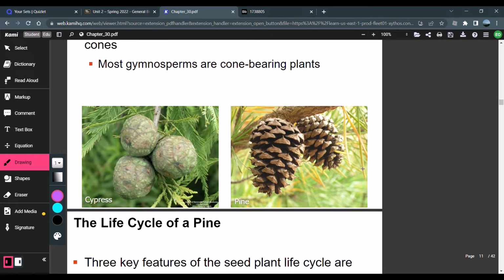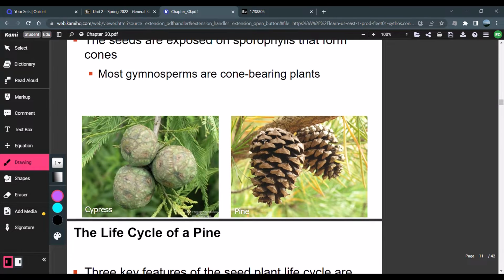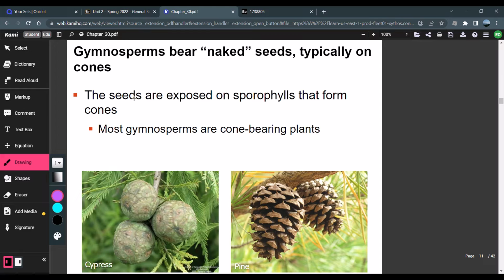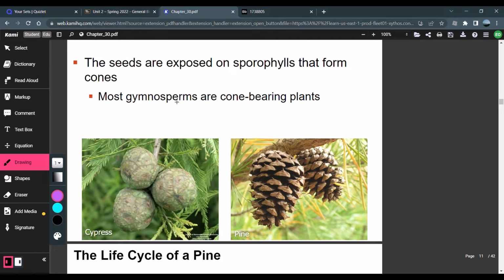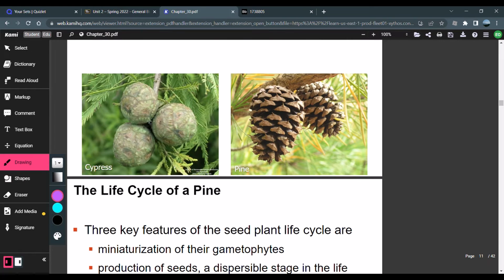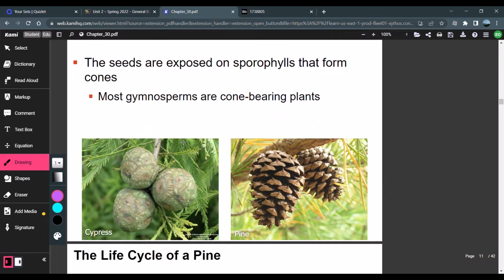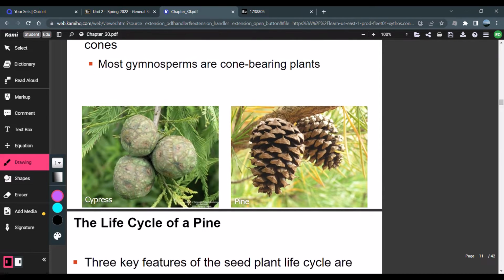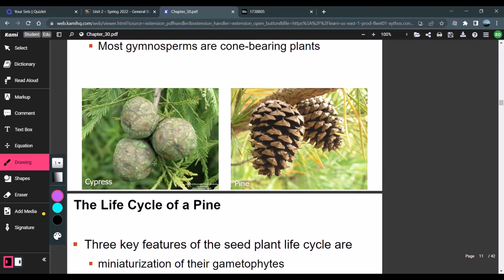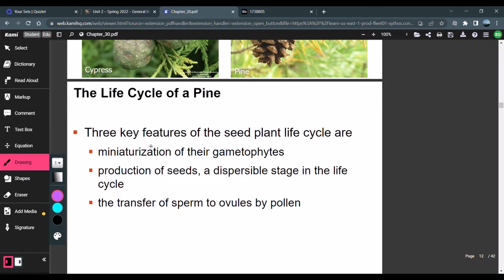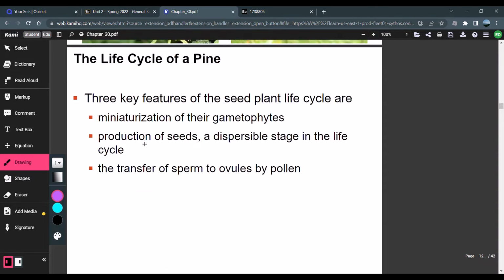So pine trees have pine cones, and they have female pine cones and male pine cones. The seeds are exposed on sporophylls that form on cones. So most gymnosperms are cone-bearing plants. So this is a cypress, and here it has little cones, its cone structure. And we'll be talking about the life cycle of a pine.